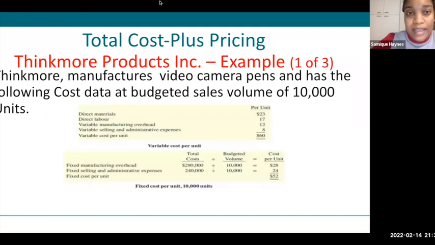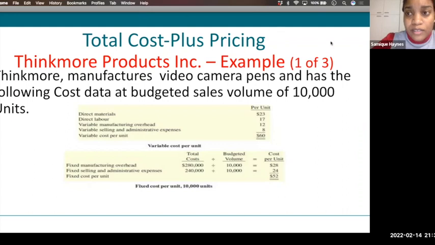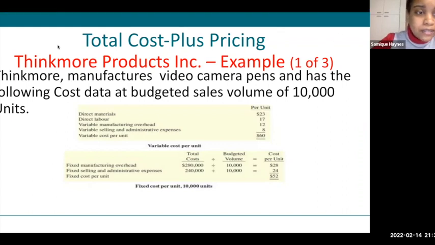But variable selling and admin, is that part of our product cost? Is variable selling and admin part of product cost? No, it's not. So that's a period cost.